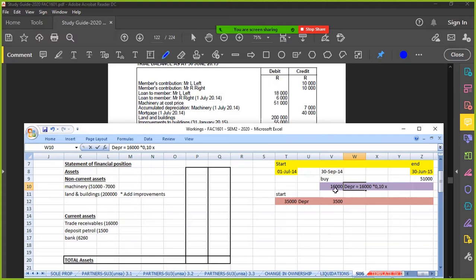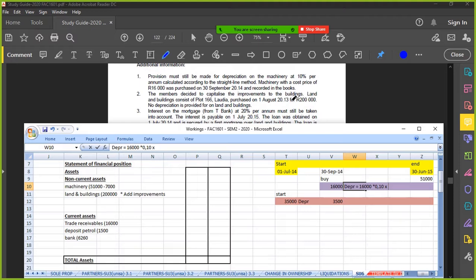Let's check your months. Okay, so do you count September? No, because it's the end of the month. Good. End of September is actually the beginning of October. Good. October, November, December, January, February, March, April, May, June. 9 months, I agree.